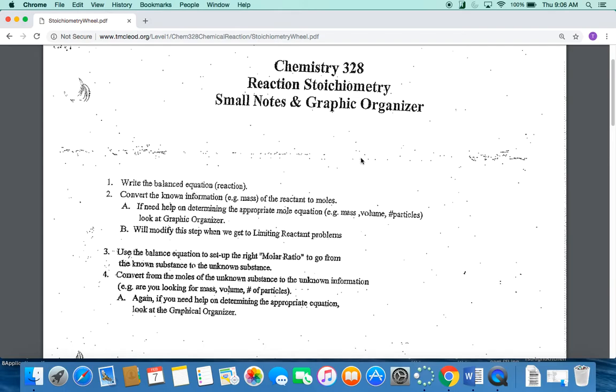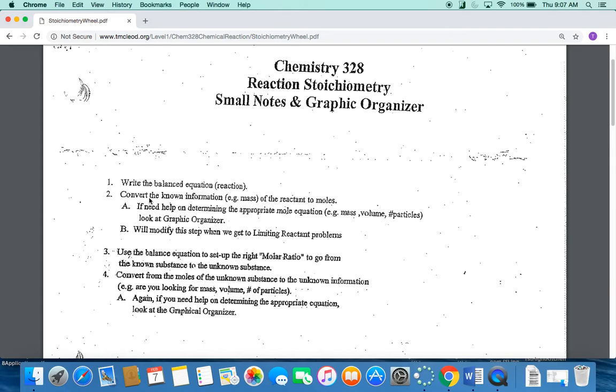So what you do is, once you have the coefficients, you have a known substance and you know something about it. So the first thing you do is change that known information to moles of that substance. And now the new thing is, the next step is to take the moles of that substance and change it to the moles of the new substance you want to look at.